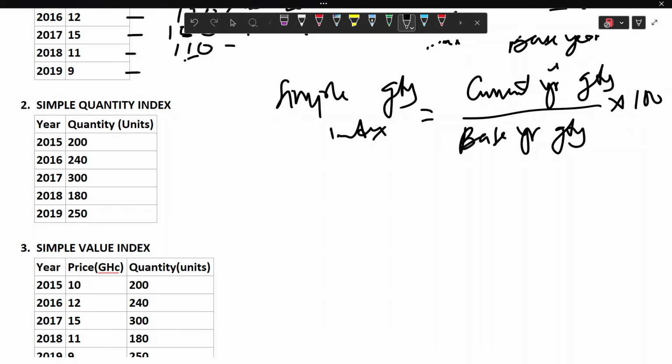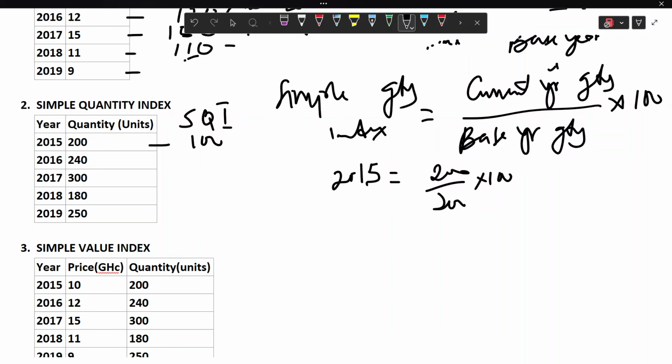So now let me create another column for the simple quantity index. For 2015, we have a value of 200 divided by 200. Since 2015 is the base year, automatically it's going to be 100 times 100, giving us 100.